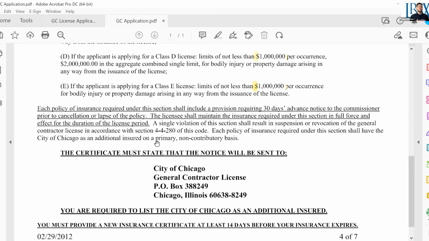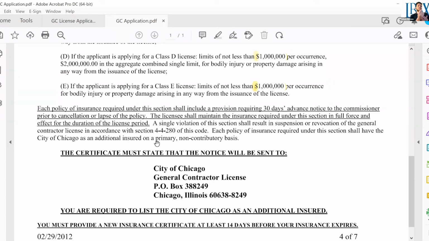Now, on your policies, you should be able to request a blanket additional insured. I've run into a lot of people that say, I have to pay every time I ask for a certificate. A lot of times that happens because you don't have a blanket additional insured endorsement that gives you that additional insured cover where you can put it on every project that requires you in a contract to have them listed as additional insured.